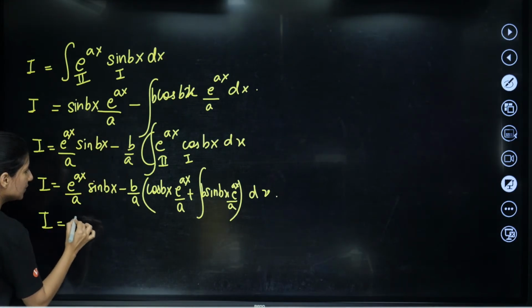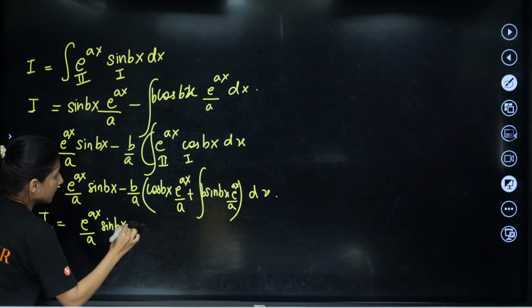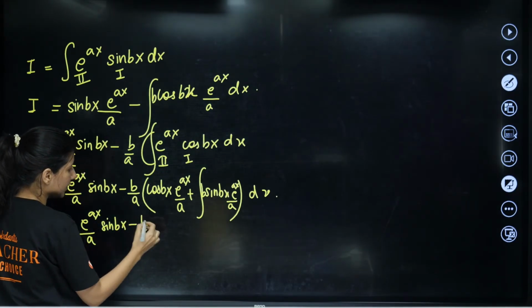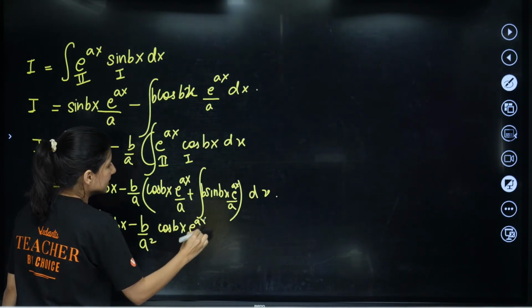I equals e raised to power ax upon a sin bx, minus b by a square cos bx e raised to power ax, correct?